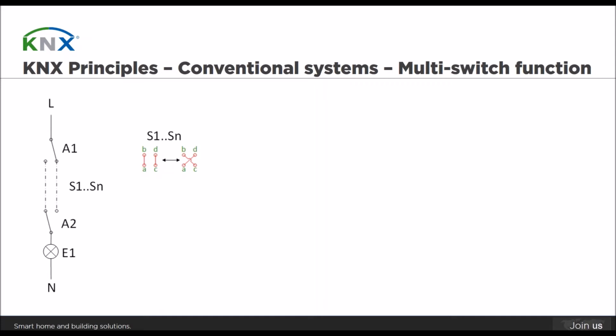Then, in between those two toggle switches, there needs to be an even number of cross switches in the cross position. Case 2 is where A1 and A2 are in the opposite positions. Then, in between those two toggle switches, there needs to be an odd number of cross switches in the cross position.